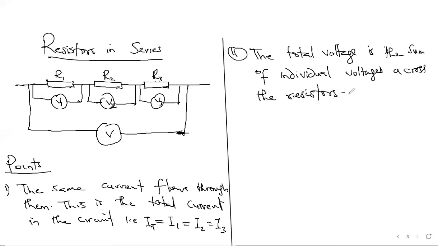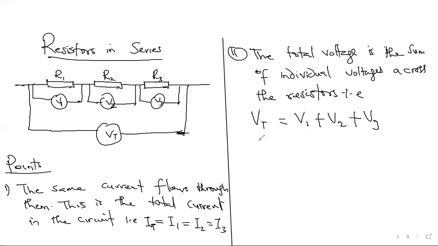So that is V total, let me call it VT, is V1 plus V2 plus V3. So that means you add the voltage here plus the voltage here plus this one. That's how you can think about it: this plus this plus this will give you this overall voltage.